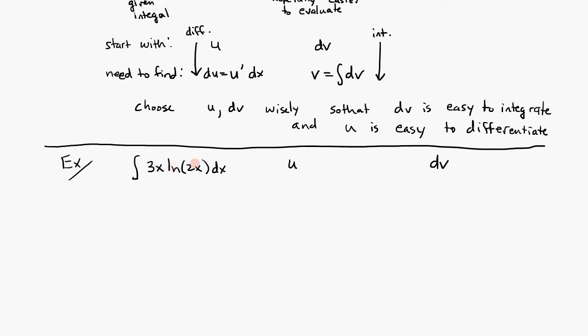Between the two, the natural log is difficult to integrate by itself, so we don't want that to be dv because then we need to integrate that. So we choose the natural log to be u, and then dv will be the remaining part of the integral, so the 3x and the dx.